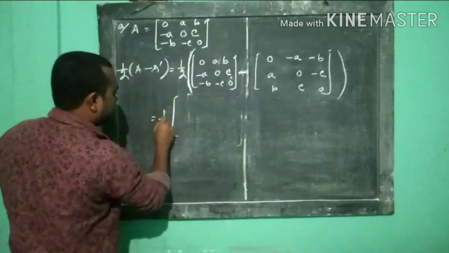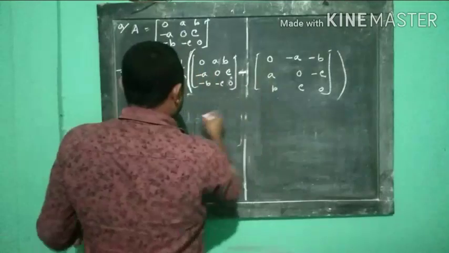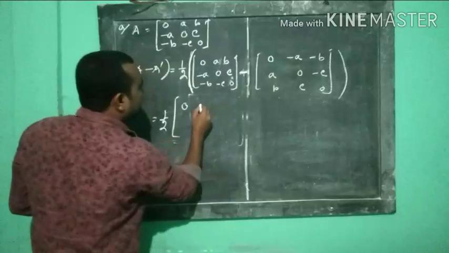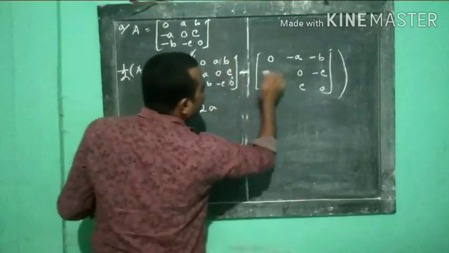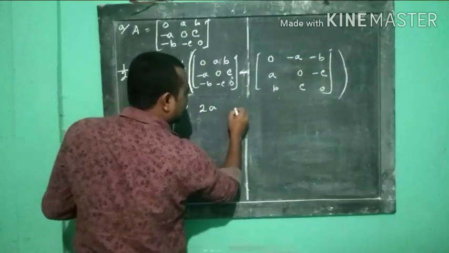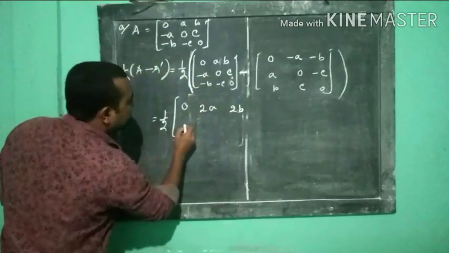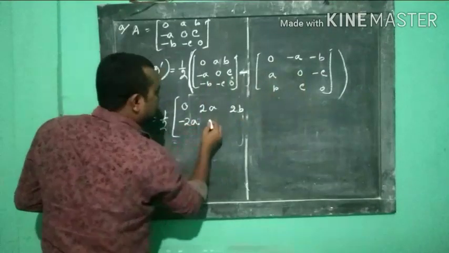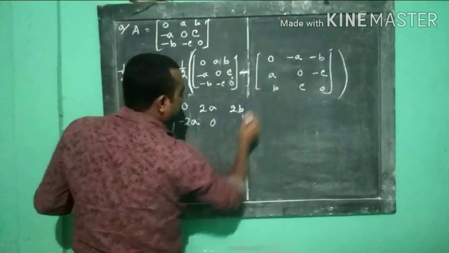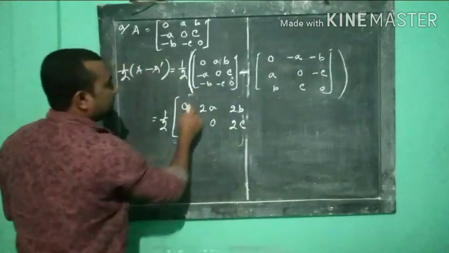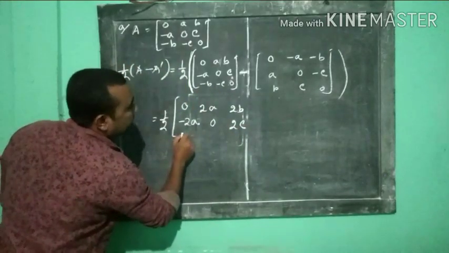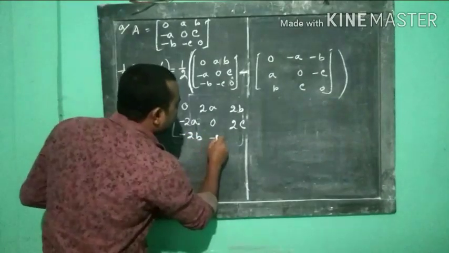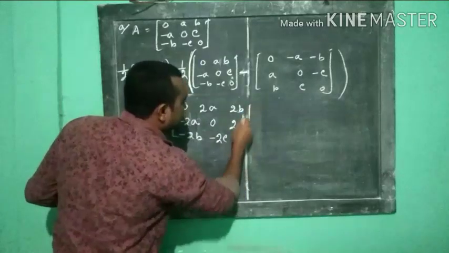Half is here. Okay, 0 minus 0 is 0, A minus minus A is plus 2A, B minus minus B is plus 2B. Minus A minus A is minus 2A, and 0 plus 0 is 0. C minus minus C is 2C, and here minus 2B, minus 2C, is 0.